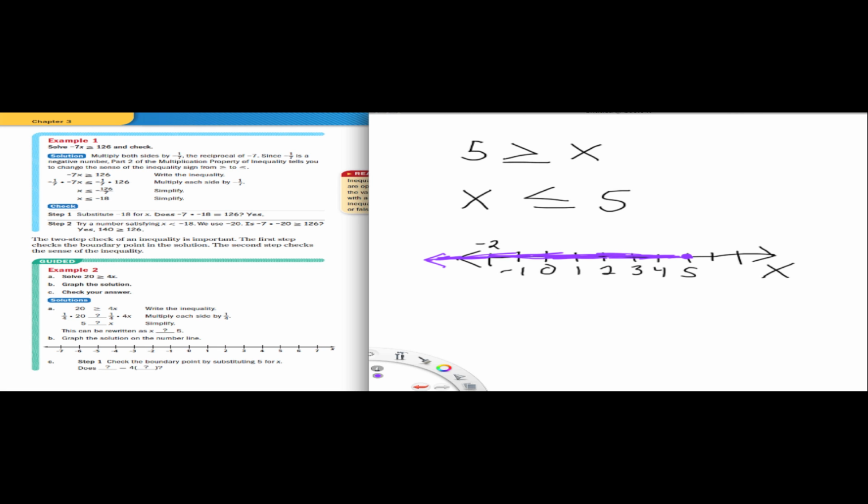The next part of this is to check our work, right? So let's take a look at how we might check our work for this one. We'll get this out of here. Go ahead and get another screen. And we had that x was less than or equal to 5. So the first thing we do is we verify our boundary point. Our boundary point was 5.